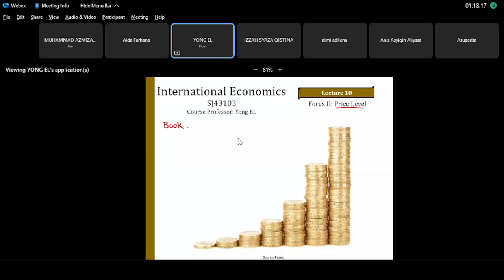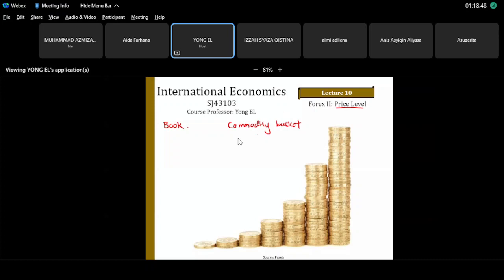We can think of the price level for one commodity. In contrast, we can also look at a commodity basket. Doesn't matter whether book or commodity basket, we can have a price level.